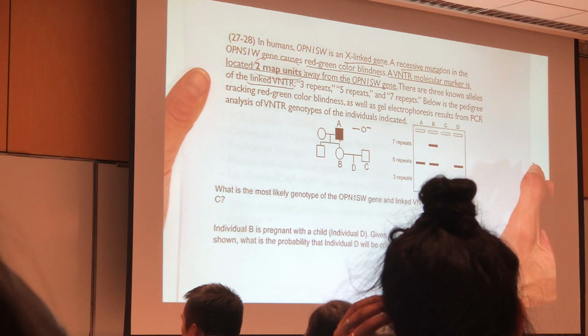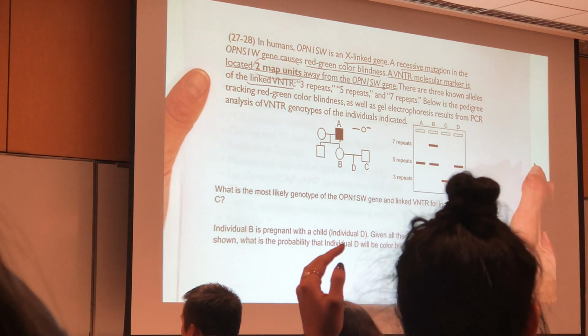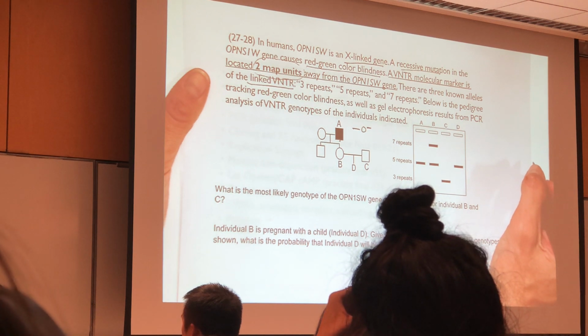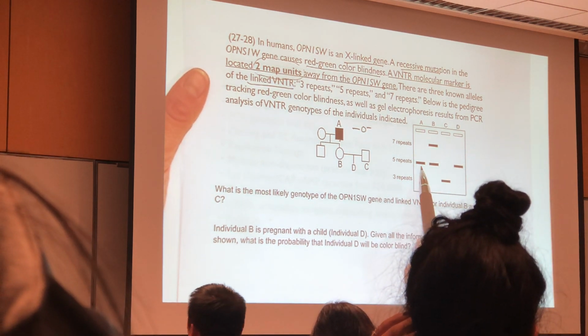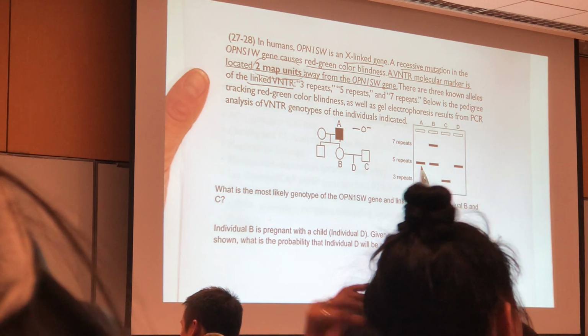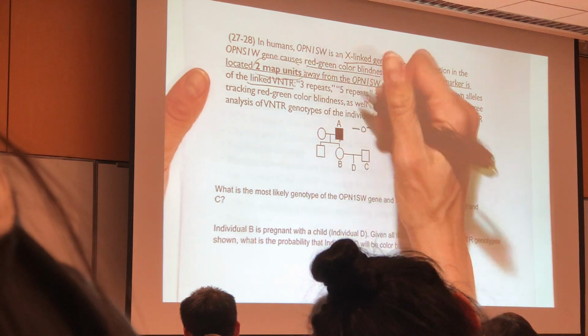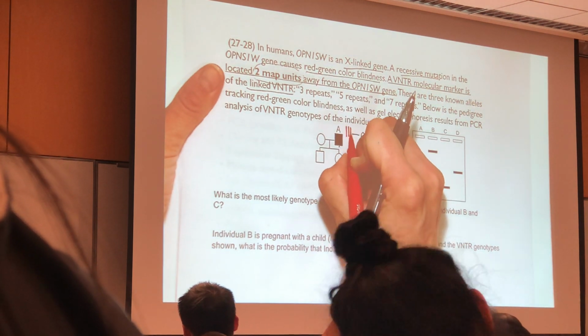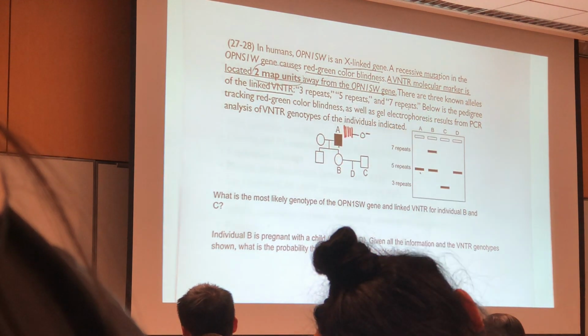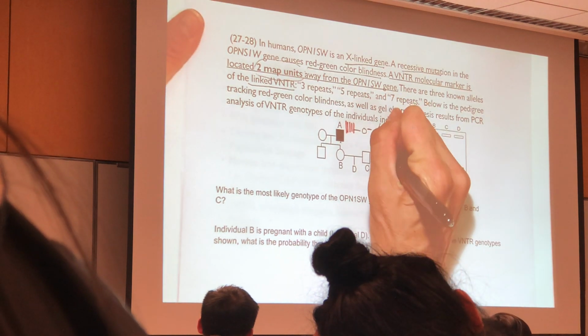What allele does he have of the VNTR? How many repeats does he have? 5. Right here. 5 repeats. 1, 2, 3, 4, 5. The other chromosome is a Y.